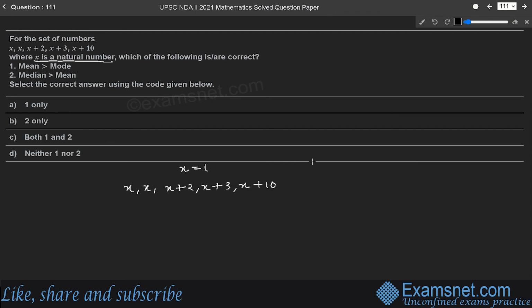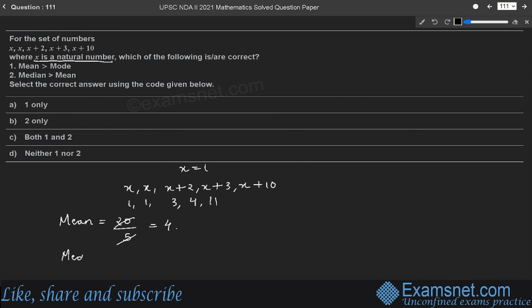So on putting x equal to 1 here, it will be 1, 3, 4 and 11. Now let us find the mean. Mean will be equal to sum of all these numbers which will be 20 upon the total numbers which is 5. So mean will be 4.